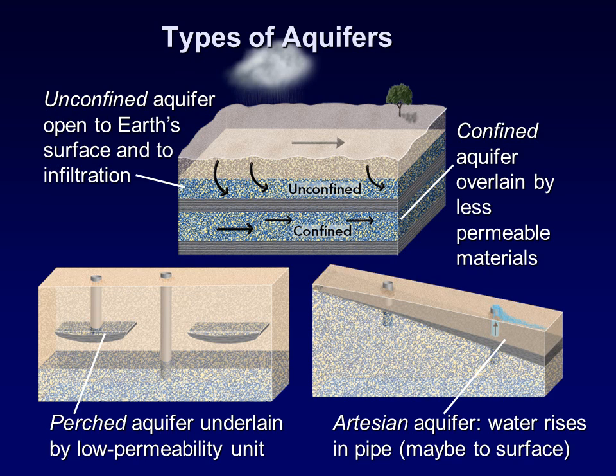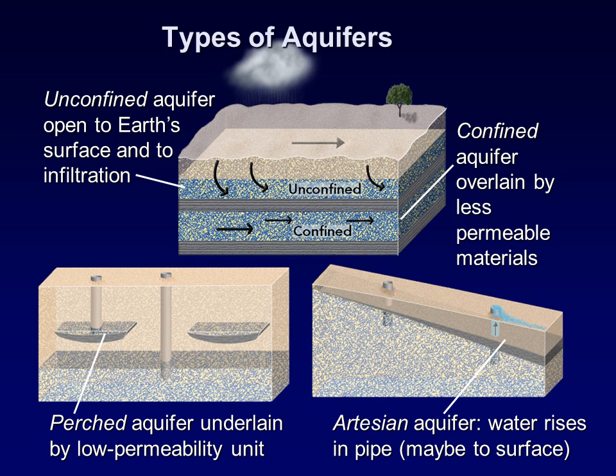We have a confined aquifer just below the unconfined. So we've got this dark gray layer below the unconfined aquifer. Okay, that's acting as its base. But that base is actually the top for the confined aquifer. Confined aquifer is overlain by less permeable materials.